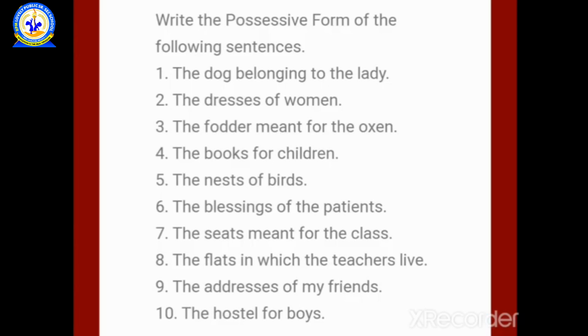The dresses of women, fodder meant for the oxen, the books for children, the nest of birds, the blessings of the patients, the seats meant for the class, the flats in which the teachers live, the addresses of my friends, the hostels for boys.